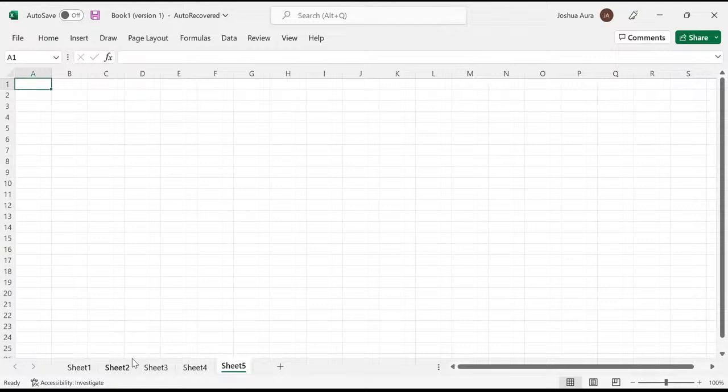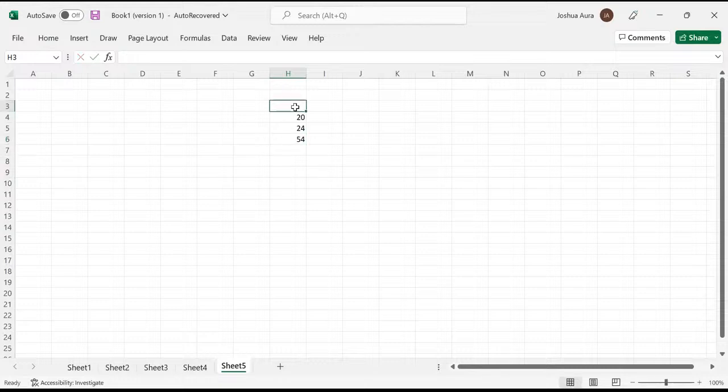So a quick recap, ladies and gentlemen. Normally Excel, as I keep on telling you, is a very user-friendly software. If, for example, you are given values here like 30 or 20, doesn't matter, 24, 35, whatever.